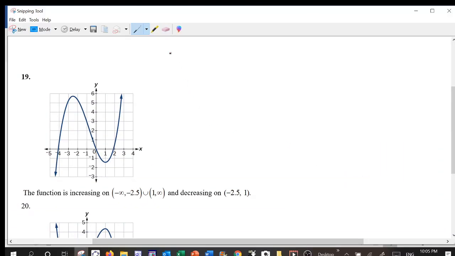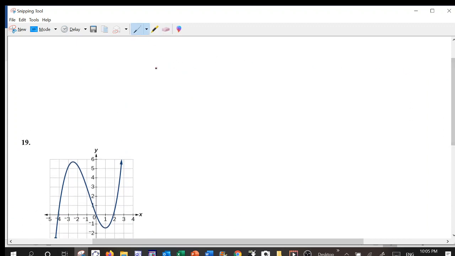Well, when a function is increasing, so let's see, here's the coordinate plane. We have the graph of a function, and suppose the function is doing this, right?